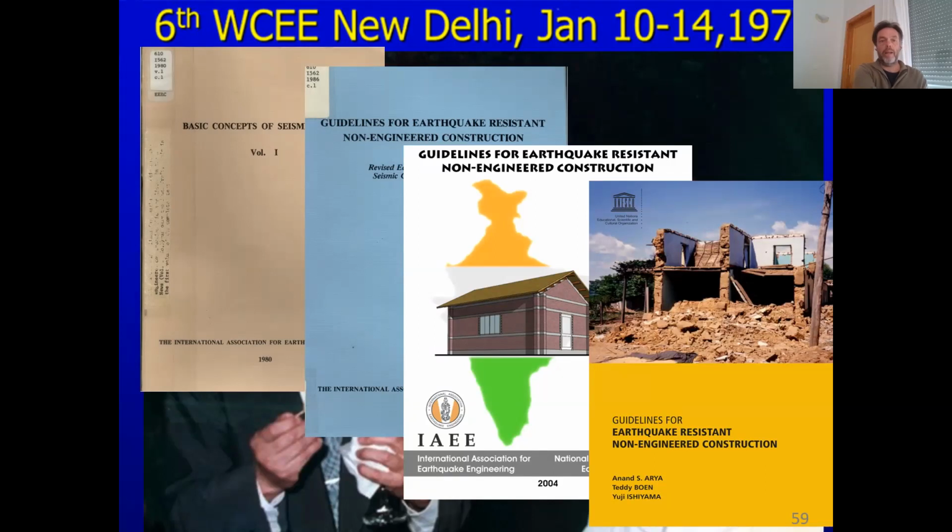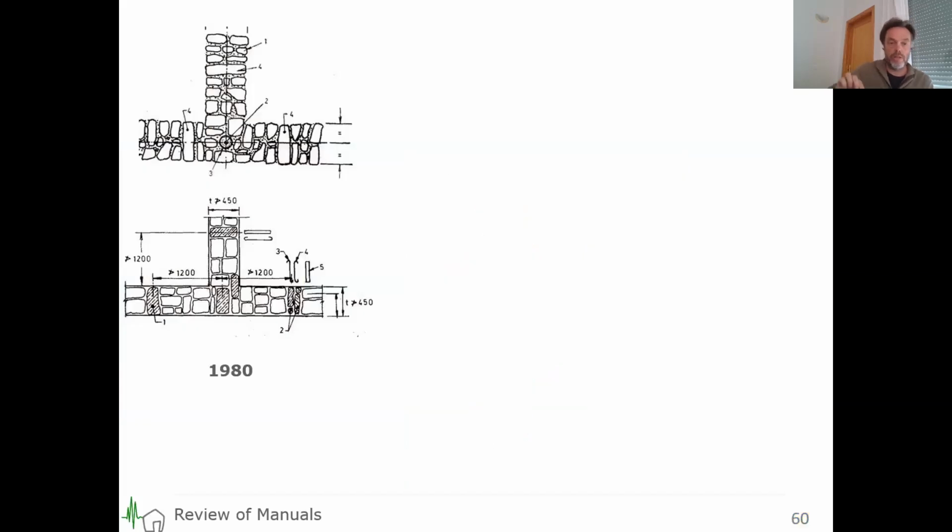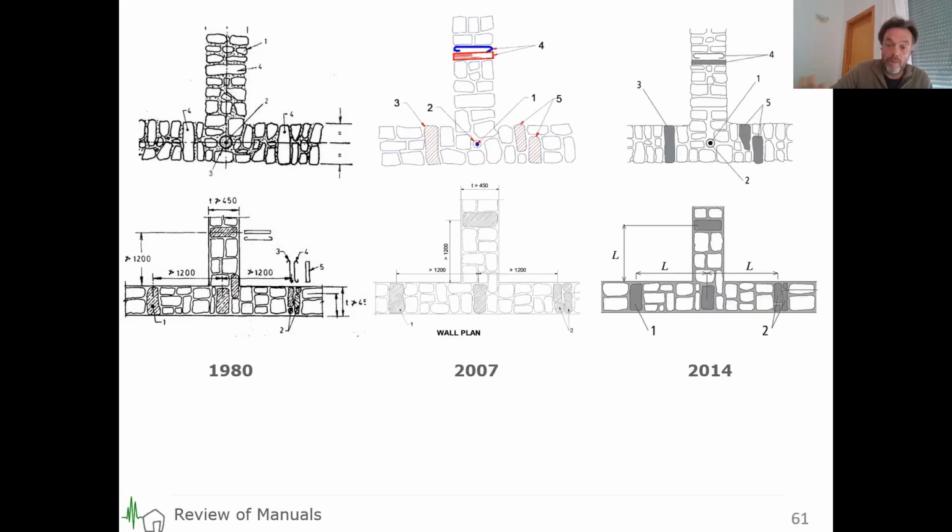So the point I'm making here is that since the 1980s, which was a very good start for promoting these techniques, it has not changed at all, at least not for stone masonry. So in the last 40 years, nothing has been revised whatsoever. And that also means that the conflict that I've shown you in the Nepalese building code was already there in 1980. And no one ever picked up on this and said, hey, wait a minute, this doesn't make sense. Maybe we should revise this.